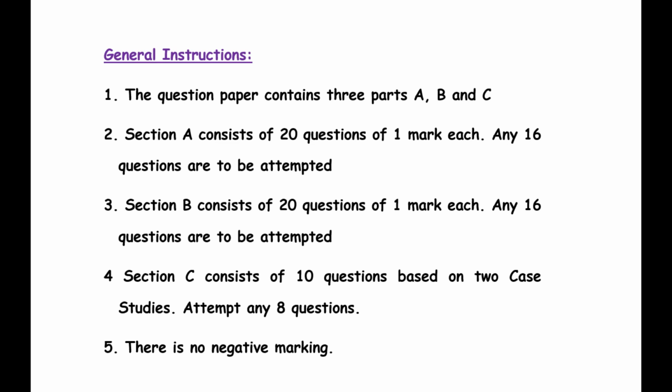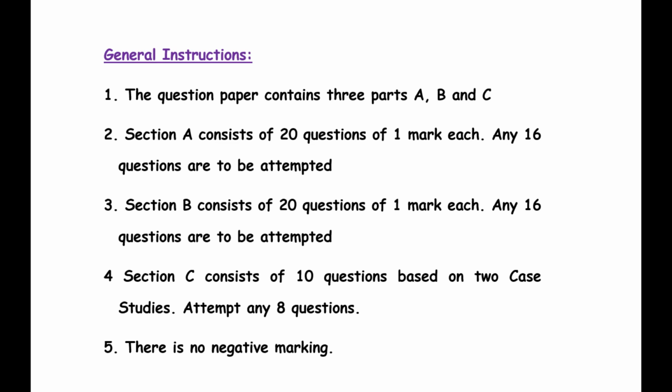Students, before solving the questions we need to follow a few general instructions. The term 1 paper contains 3 parts: part A, part B and part C. Section A consists of 20 questions of 1 mark each.